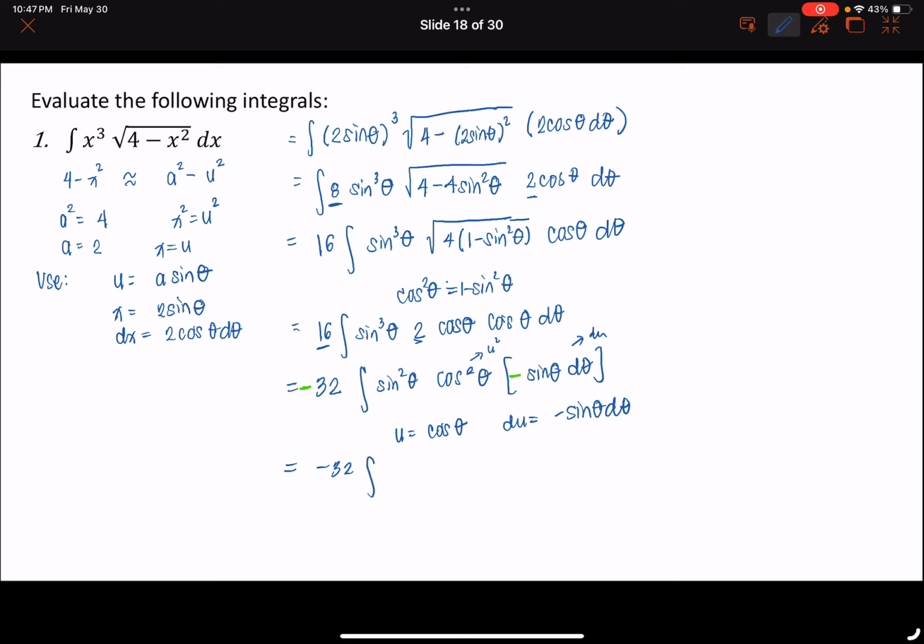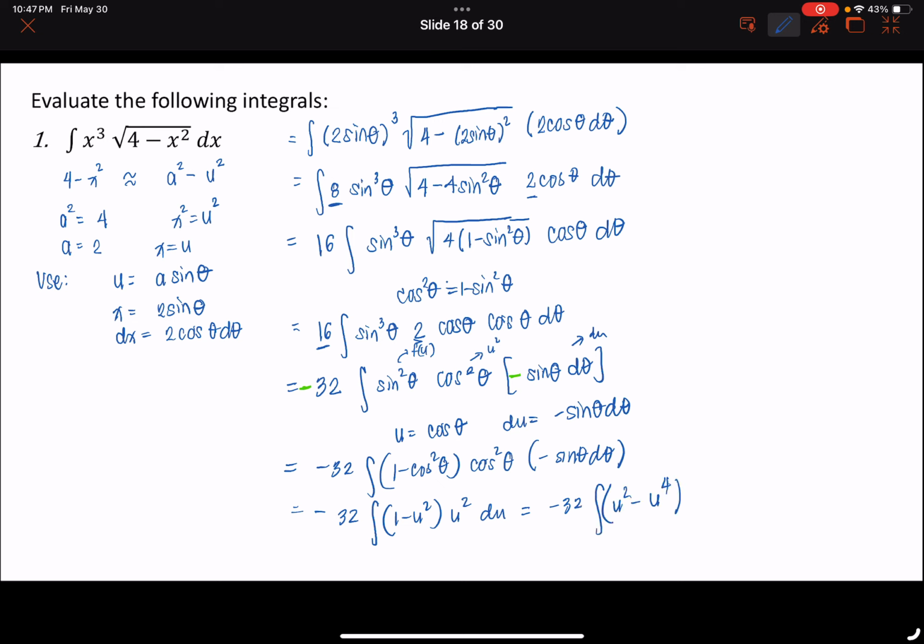So this must be a function of u. In simplifying this, we're going to have 1 minus cosine squared theta times cosine squared theta times negative sine theta d theta. So we have negative 32 integral of 1 minus u squared times u squared du. So we have negative 32 integral of u squared minus u to the fourth du.